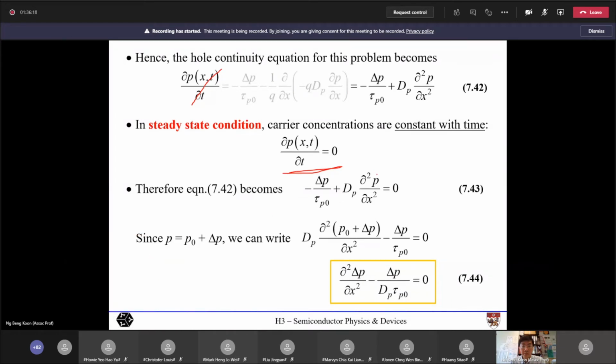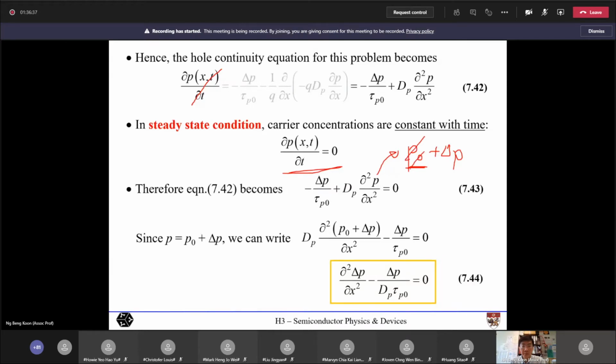Similarly, this p here can be written as p naught plus delta P. If you differentiate p naught, you get 0, and if you do the second derivative of p naught, you also get 0.